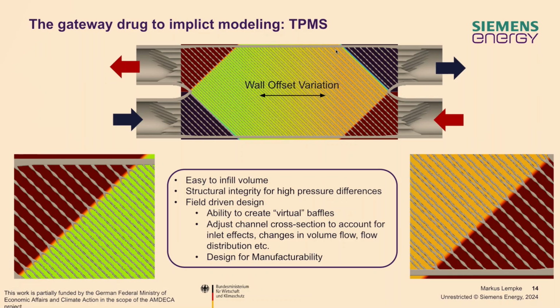In nTop it's called the wall offset: how far do I put the center wall to the left and the right. By just having this field that gives me different values, I can blend geometry into each other. I don't even need a bevel anymore. I can just have the two walls collapse, and the channel vanishes by itself.